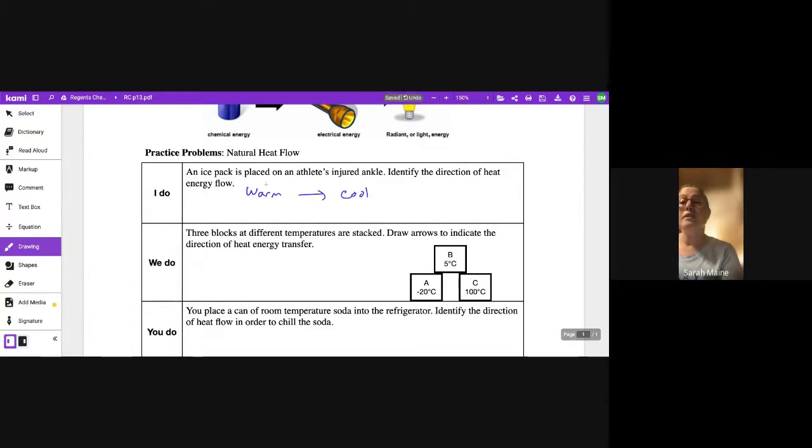Now, the two materials that are going to come into contact in this question, one is an ice pack, which you are probably familiar with, and an ankle, which is part of the human body. Now, an ice pack, when you touch it, is pretty cold. We haven't talked about temperature scales, so I'm going to stick to our everyday scale.